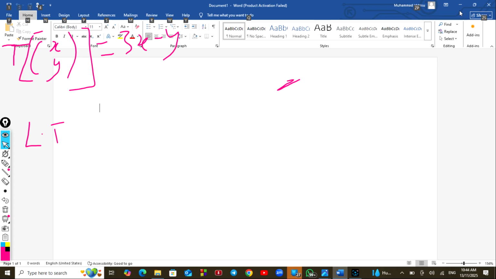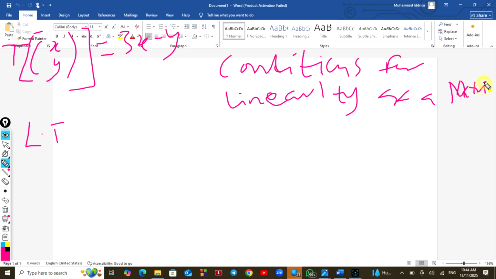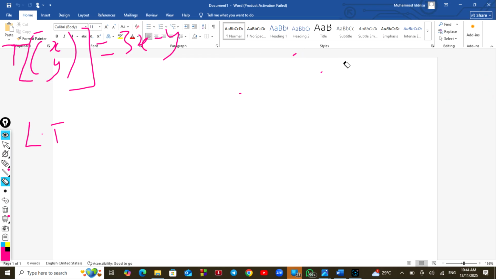First we should know the conditions for linearity of a matrix transformation. So let's look at the conditions.